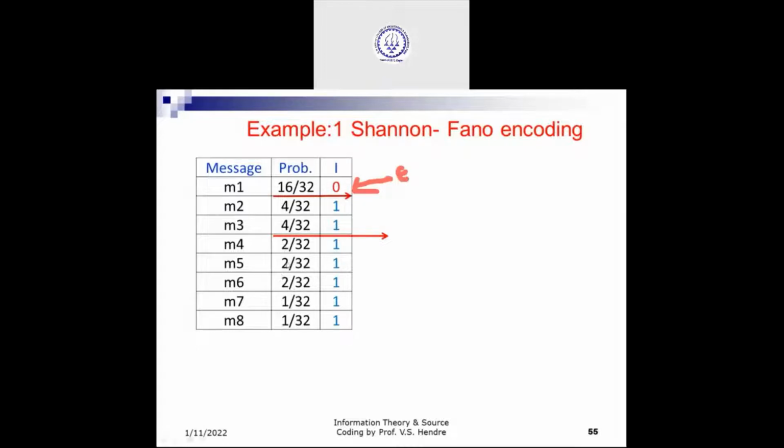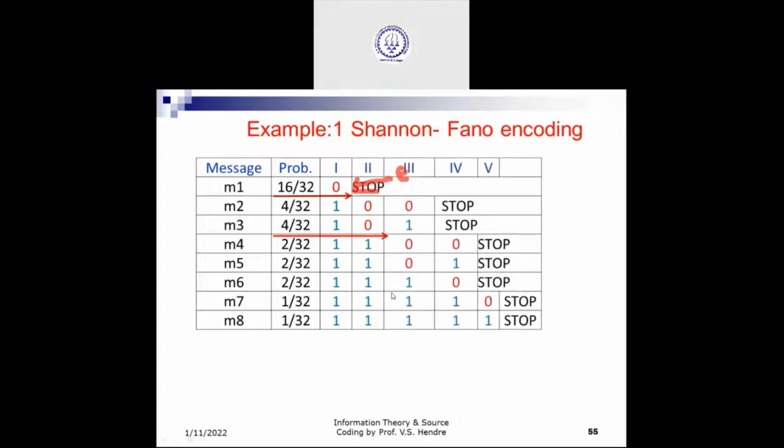Lower part sum is 2 plus 2, 4, 6, 7 and 8. Exactly equal sums of the probabilities I was able to make. Therefore, I will now repeat step number 3, where upper part I will assign 0, 0, lower part I will assign 1, 1, 1, 1.